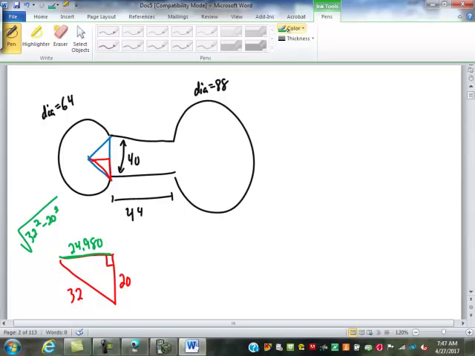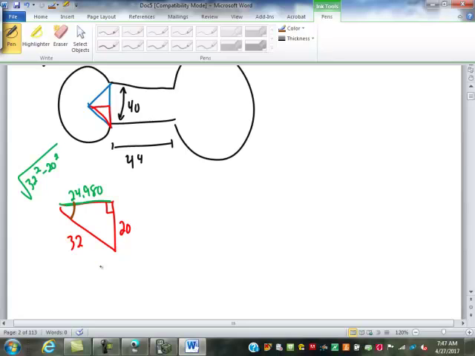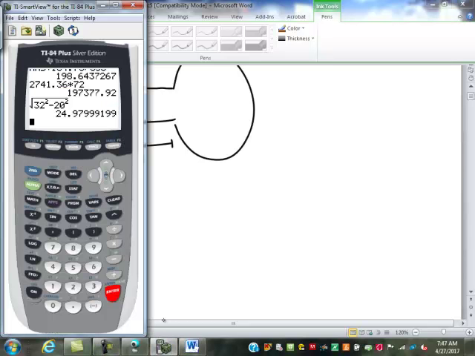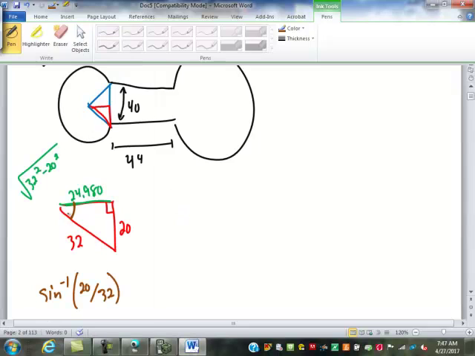And we're going to find this angle here. That's just going to be the inverse sine of 20 over 32. 38.68 degrees.